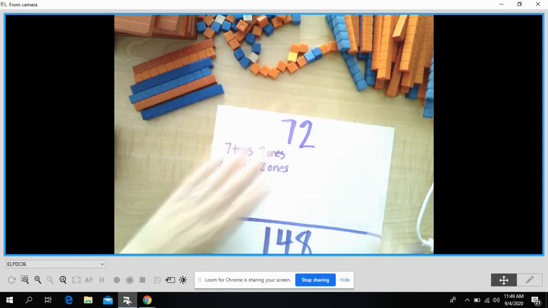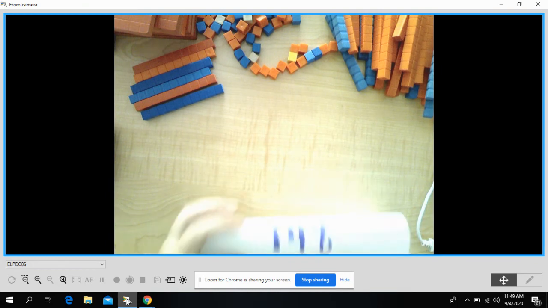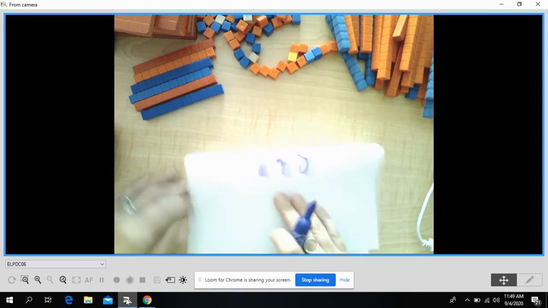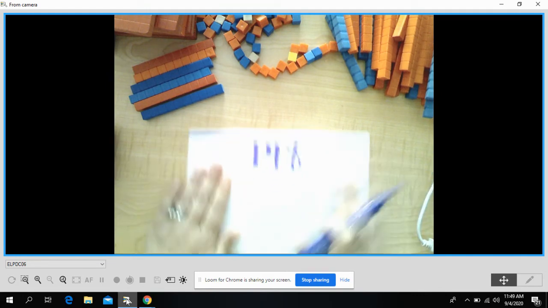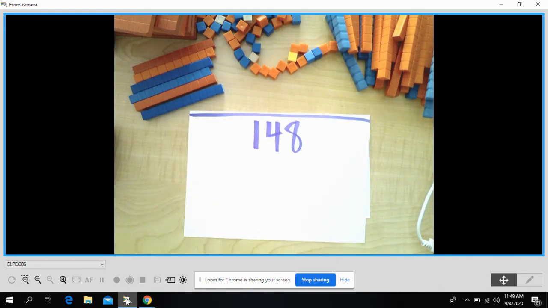Let's look at our next number that we have here together. The next number that we're going to be working with is, I'm going to fold my paper over so we can see it, is 148.